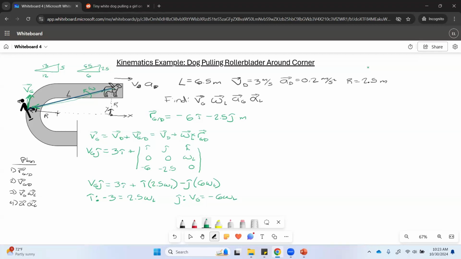Okay, so if we do this division, we get negative 1.2 radians per second equals omega L. And so that will be in the K hat.